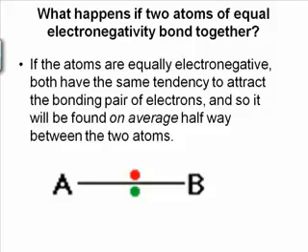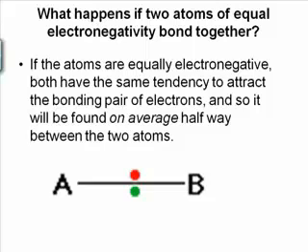Suppose we have 2 atoms that have equal electronegativities. What would you expect to see? You would expect a nice equal sharing of the electrons, with the highest electron density in the bond halfway between the 2 atoms.